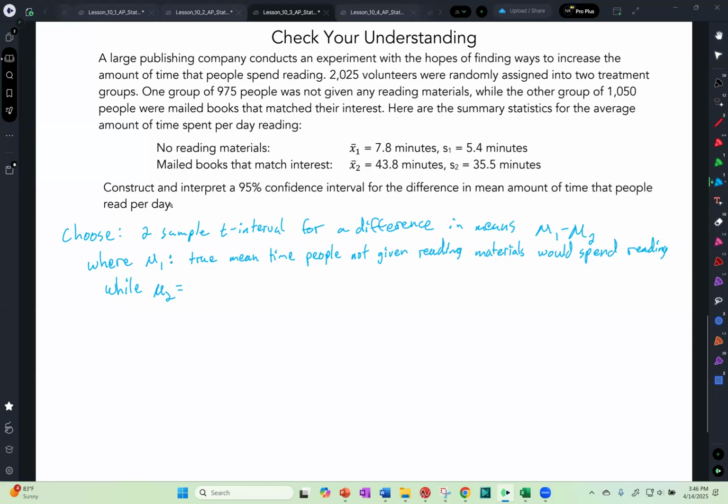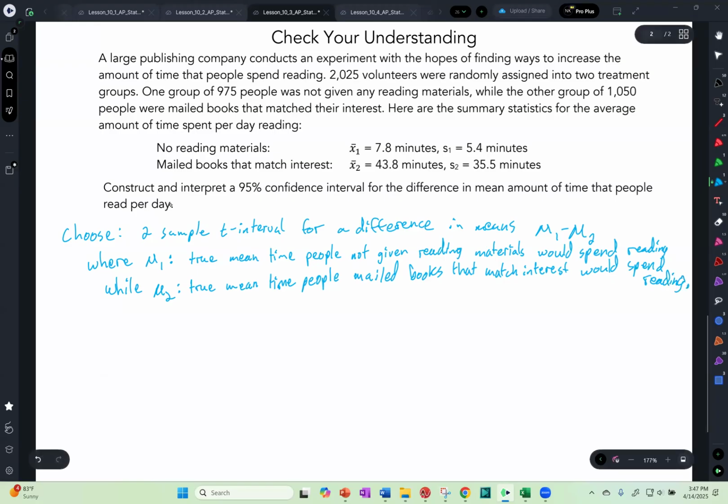I don't like using an equal sign because it's not a statement of equality. It is defining. Mu2 is the true mean time people mailed books that match interest would spend reading.